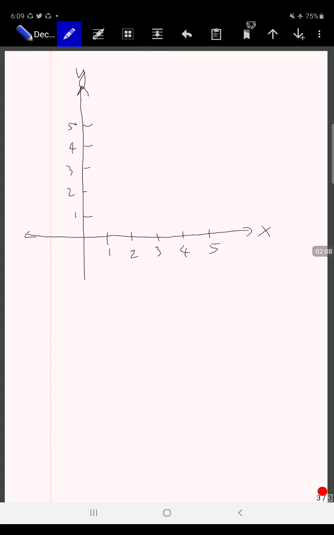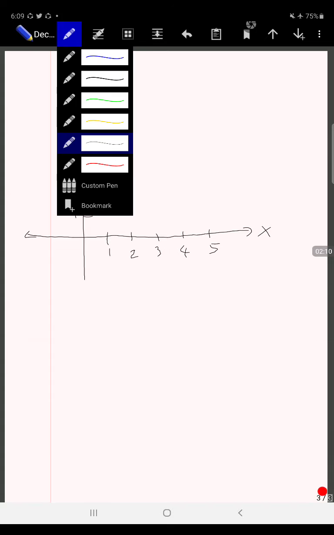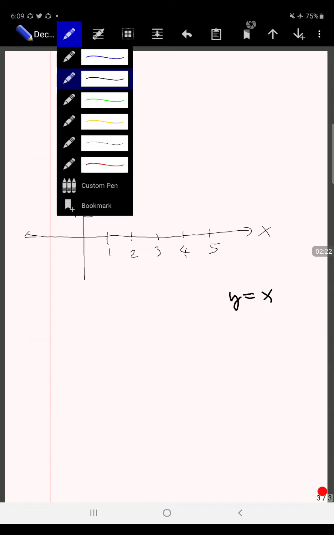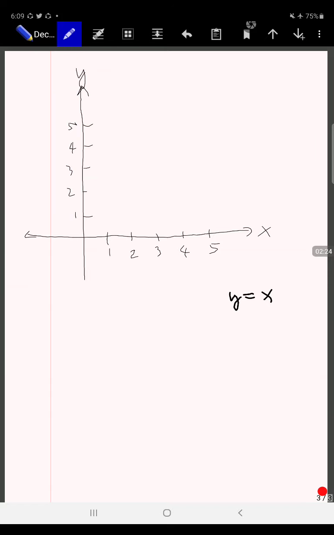Say, let's consider a line where x is equal to y. That is, whatever is x, its y value is the same as x. So, when x is 0, y is also 0. When x is 1, y is also 1. We mean this line.